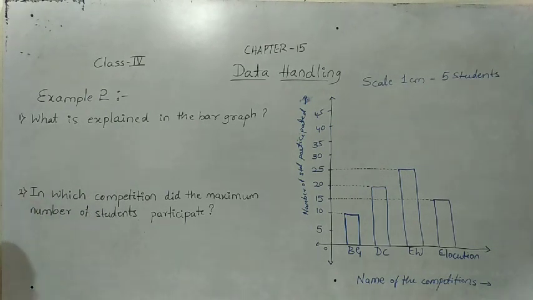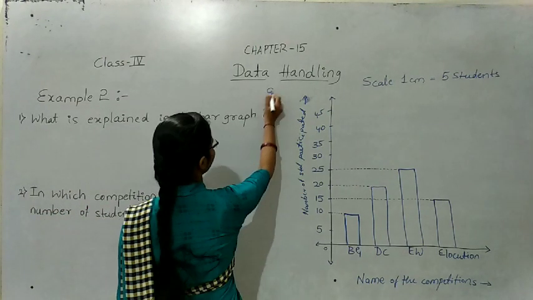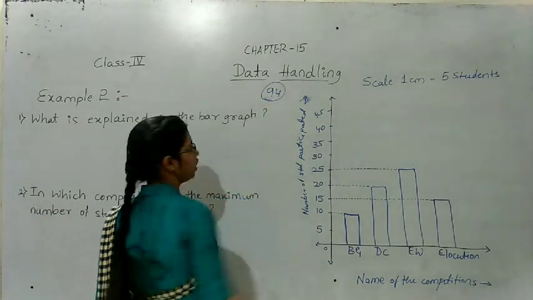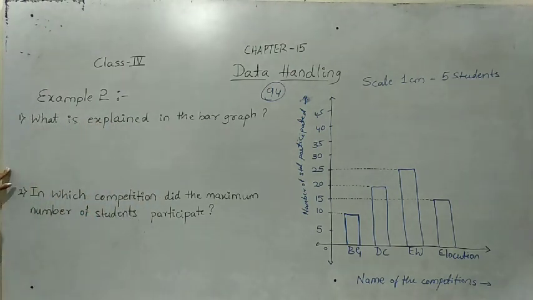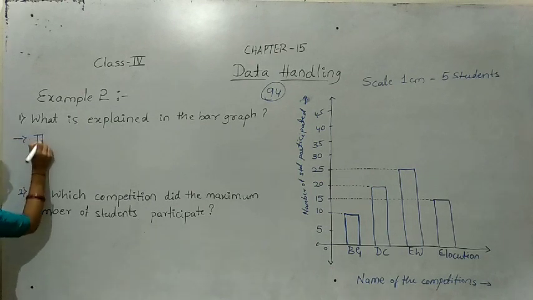On page number 94, they gave some questions. With the help of a pencil, you should write the answer to that question. What is explained in the bar graph? The bar graph explains the given data category. Write in your textbook.